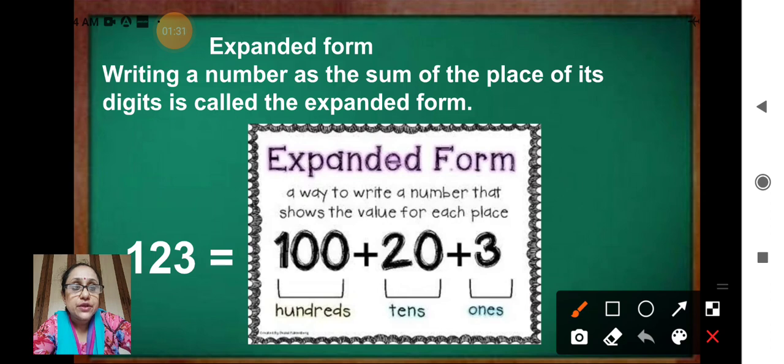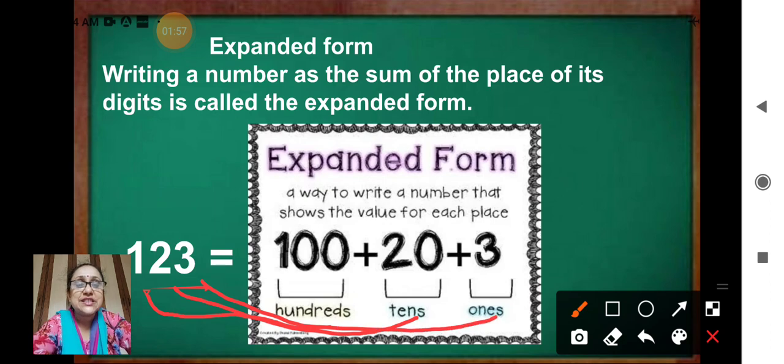Now I will explain you. See, you can see the number 123 equal to, now how we can write? See, this one is in hundreds place, that is 100. Then this 2 is in tens place, 20, and 3 is in ones place.